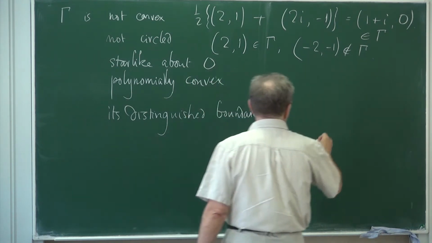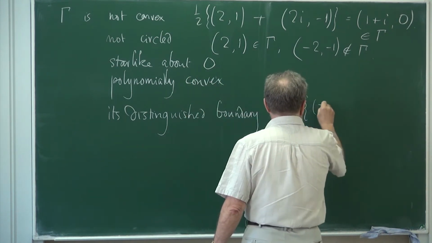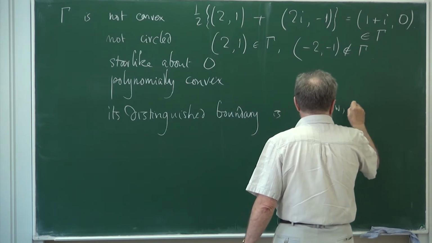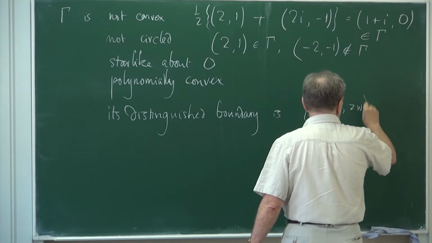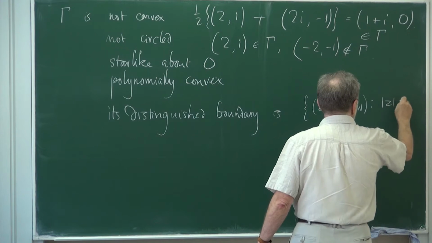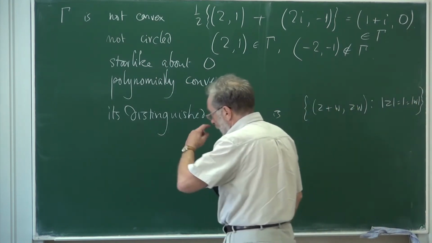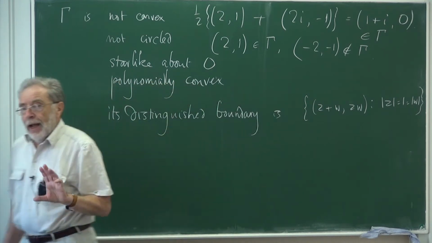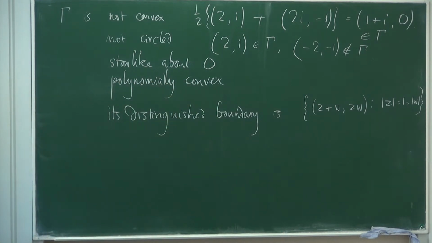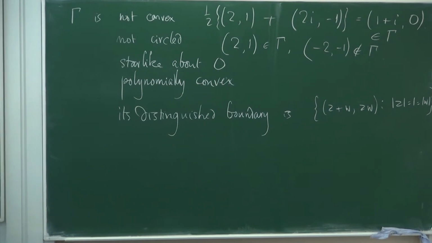It's just the points (z + w, zw), where mod z equals 1 equals mod w. And this set, if you think about it, is actually a Möbius band.